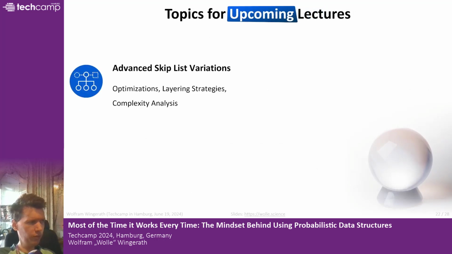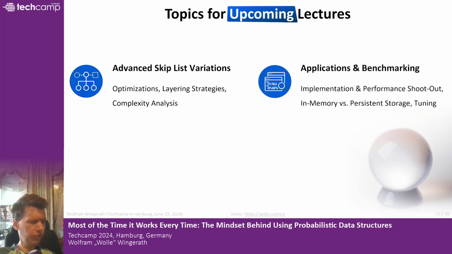If this were a real lecture, we'd probably also talk about variations of skip lists. We could talk about the impact of choosing different p-values, or do a real complexity analysis with more mathy stuff. In a course, we could make a performance shootout, where everybody writes their own skip list and we see which performs best.